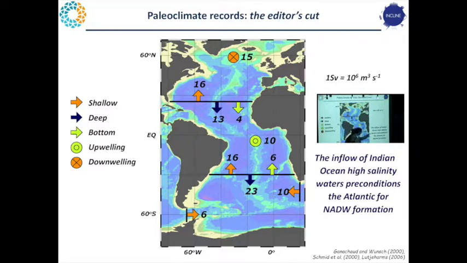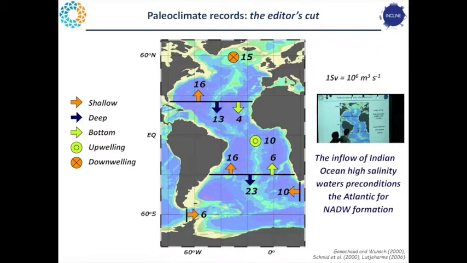And this is the best estimation for the leakage of Agulhas waters into the South Atlantic as well. So the inflow of Indian Ocean high salinity waters preconditions the Atlantic for North Atlantic deep water formation, but this meridional circulation in the Atlantic is not only responsible for transporting a lot of water, it's also responsible for transporting a lot of heat.